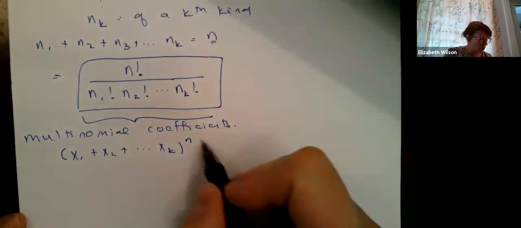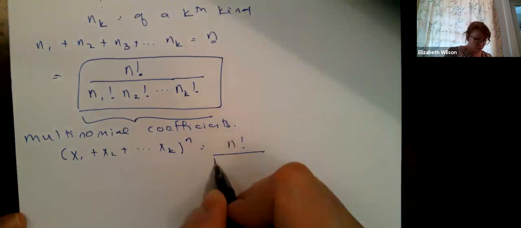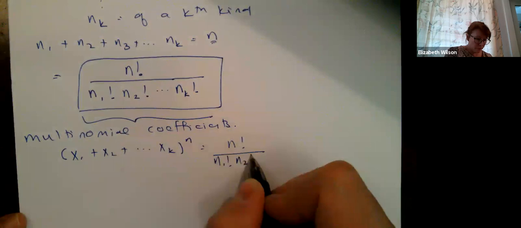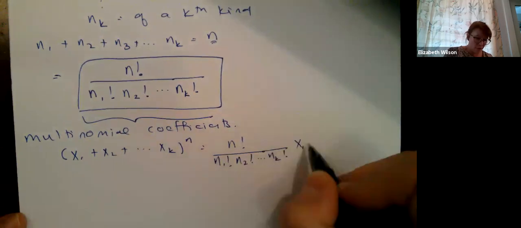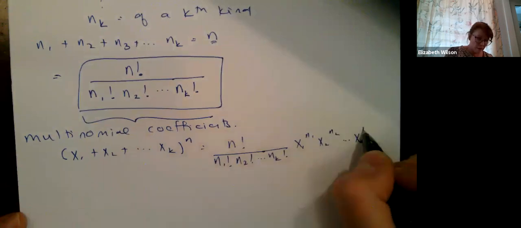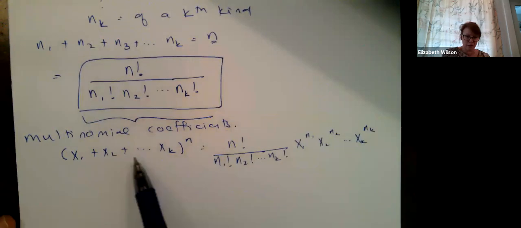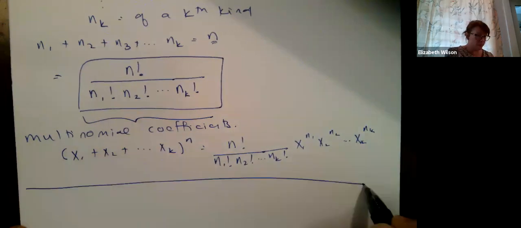The coefficient for a given term, x1 to the n1, x2 to the n2, x sub k to the n sub k. We're actually going to do an example like this, so if this doesn't quite make sense, don't sweat it. You'll see it when we actually do the example. So we'll come back to that.